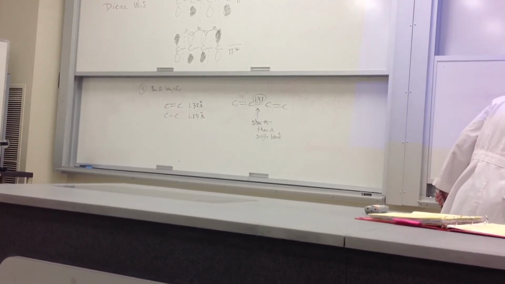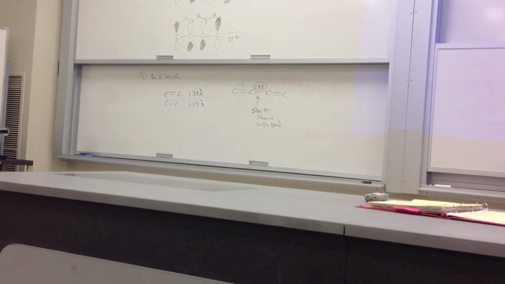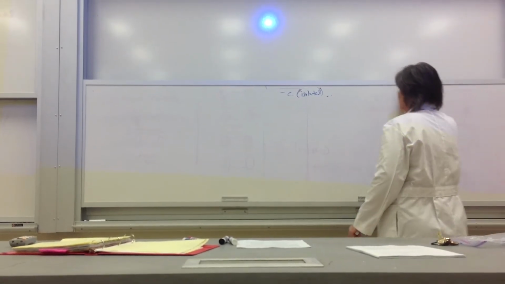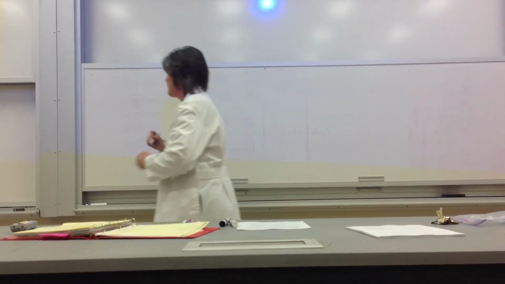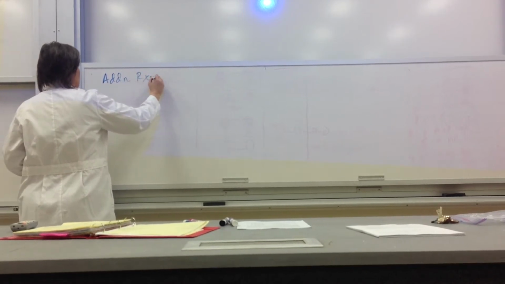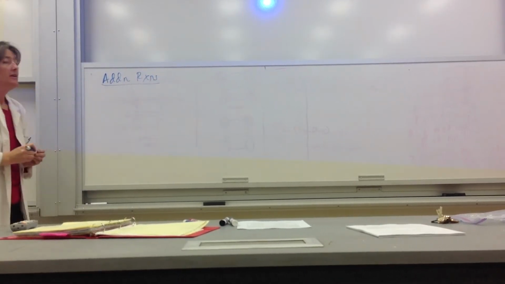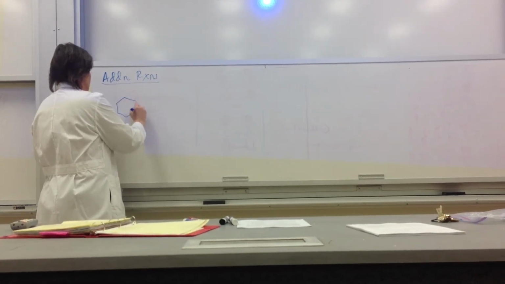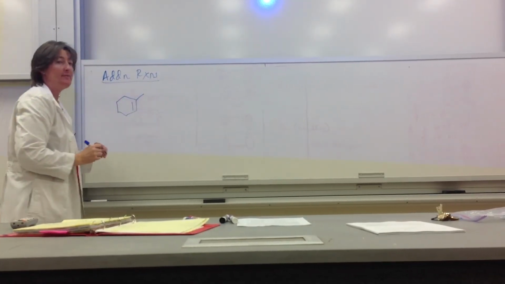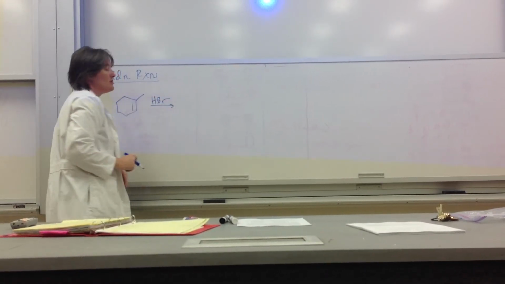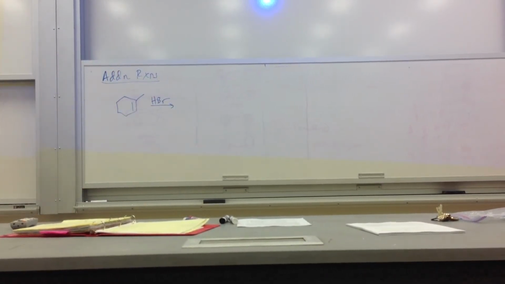So, let's take a look at the one we're going to study for the rest of the day and see why it is so different. An addition reaction, just to refresh your memory. So you have that guy, just an alkene. And we're going to be doing this all with HBr, so we'll add HBr.